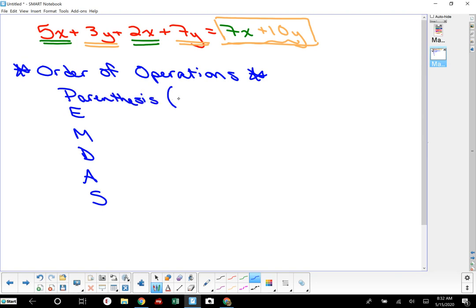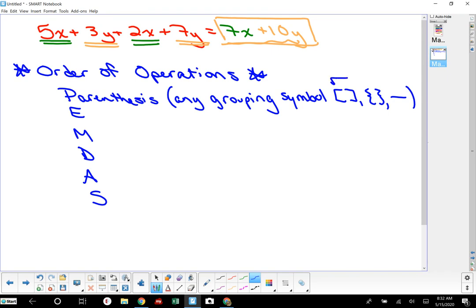And really, that's any grouping symbol. So we also have brackets, braces, and a fraction bar as the additional grouping symbols. Also, technically, a square root is a grouping symbol because anything under the root can be done before anything else. So you could also technically throw a square root in there.